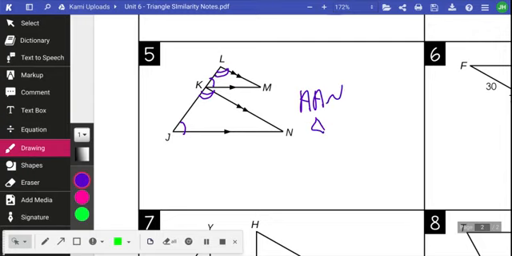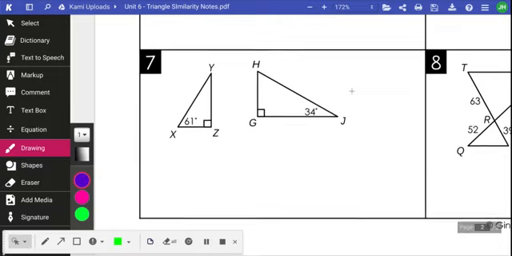So you'll do your triangle similarity statement, and let's call the little triangle KLM similar to triangle. K and J are congruent, so they need to be in the same position. If you notice, L and K have both the two markings, so they'll be here. So even though it's the same letter, the top part of angle K is not the same as that other part of angle K, so they will be in different positions. And then that leaves M and M to be in the same spot.